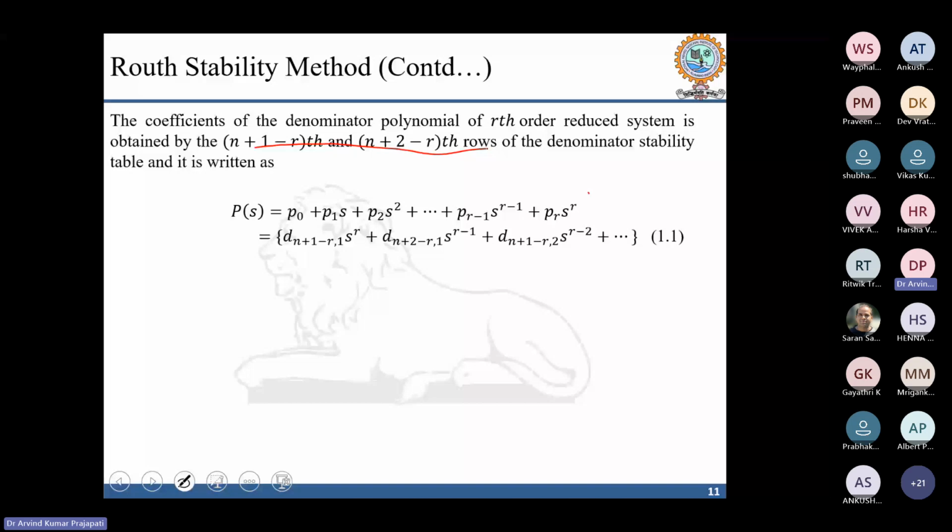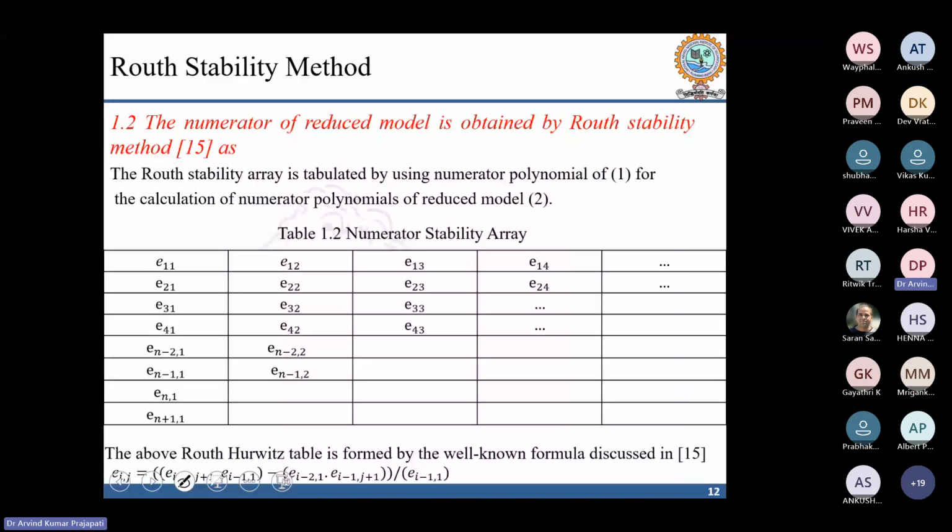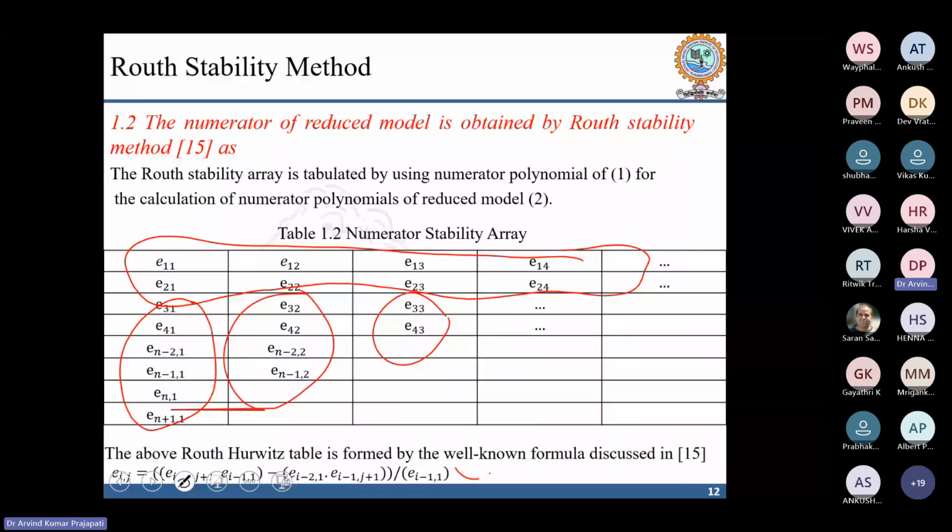Desired reduced model means we are going to calculate the characteristic polynomial having order r. So this is the polynomial of the rth order reduced model. And the same way you can also apply it to the numerator polynomial. The first two rows of the numerator polynomial we can directly write from the numerator polynomial of the original system, and then the other elements you can calculate by using the Routh recursive formula given here.